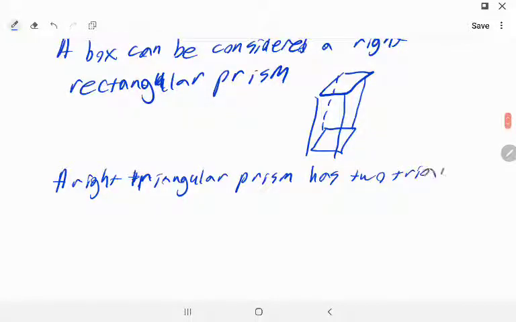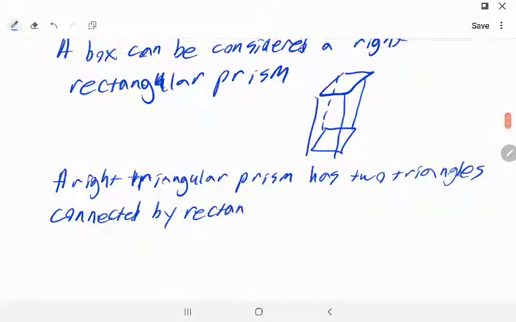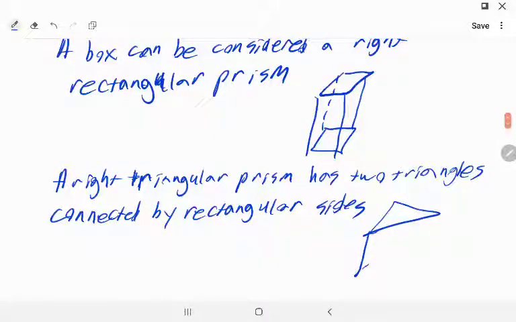A right triangular prism has two triangles connected by rectangular sides. So something like that.